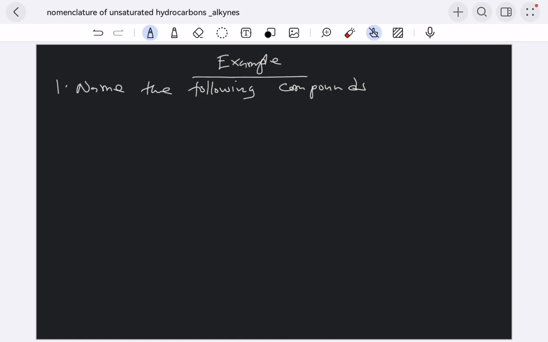So we can have something like this, CH3. Using the IUPAC, it's very important to state the position of the triple bond. If I was to name this particular compound, I should start by stating the position of the triple bond.